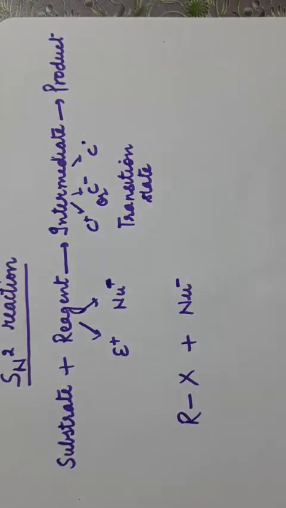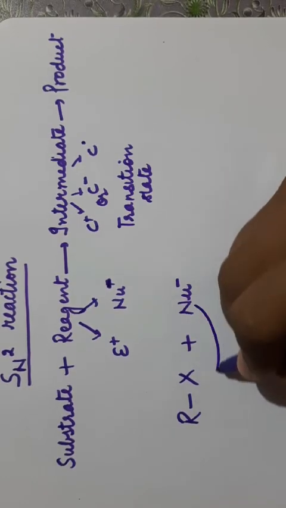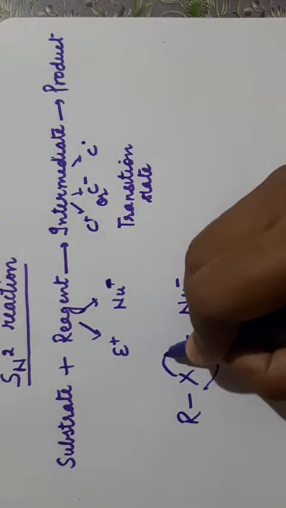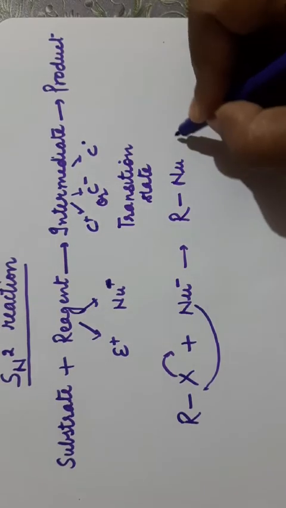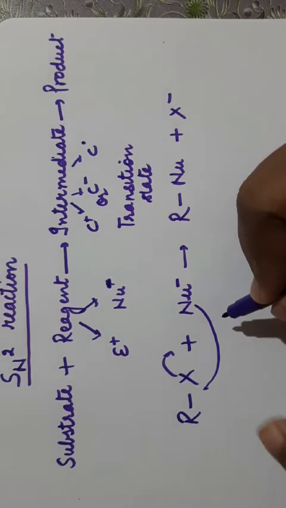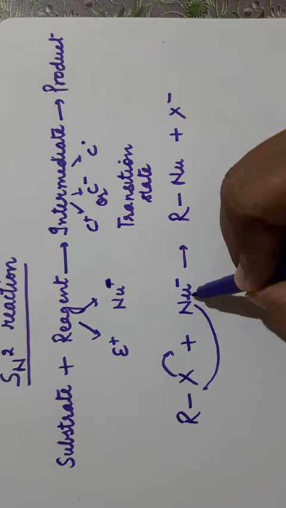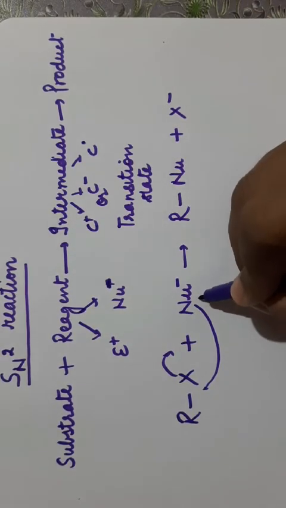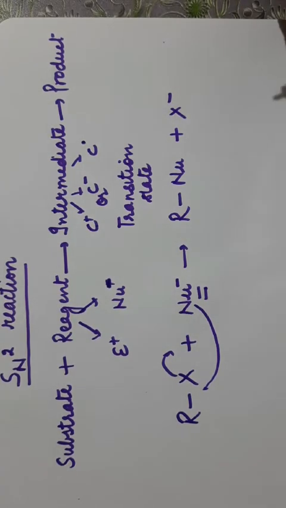The nucleophile will attack here and replace this X. X will get removed, and the nucleophile will get attached here. So substitution is taking place: X is replaced by nucleophile. Substitution is taking place with the help of a nucleophile, so it is a nucleophilic substitution reaction.